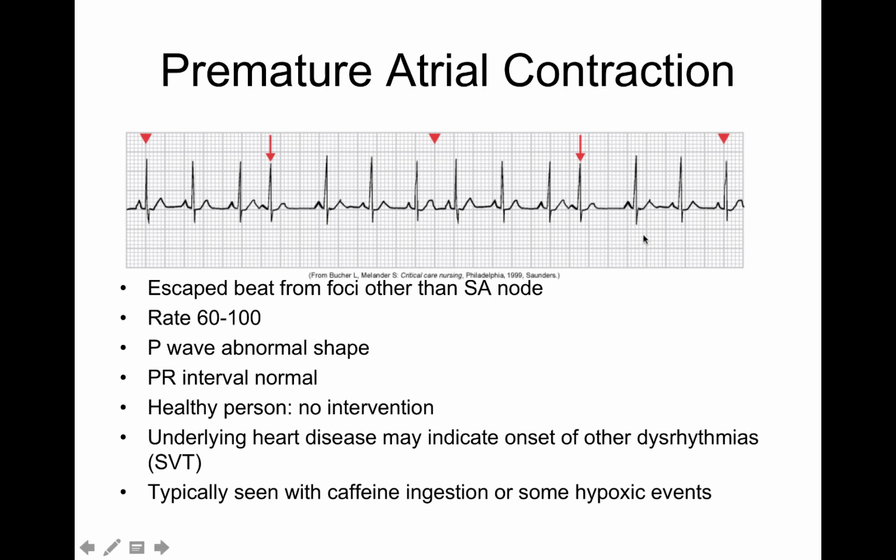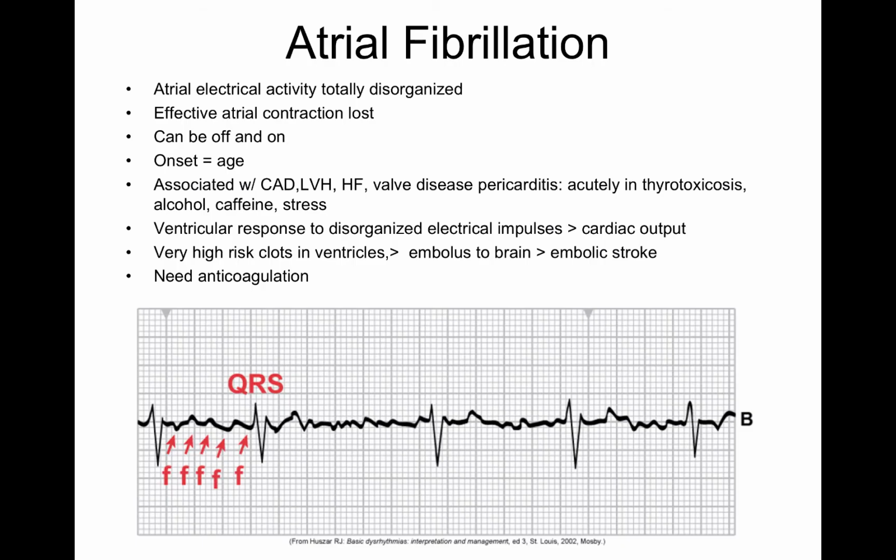So typically PACs are normal. They do occur usually with caffeine ingestion, but I will tell you, anytime you're seeing premature beats, you should think to yourself, is this patient hypoxic, or is there a spot in that atria, the top portion of the heart, that is basically not getting oxygen? So it should be of concern to you.